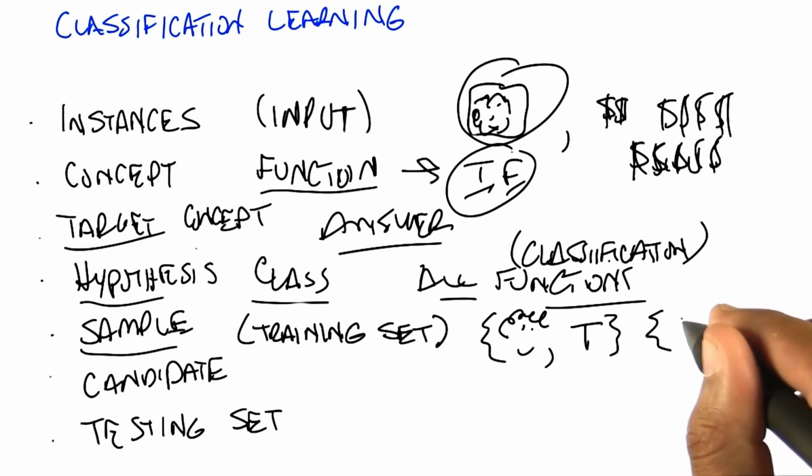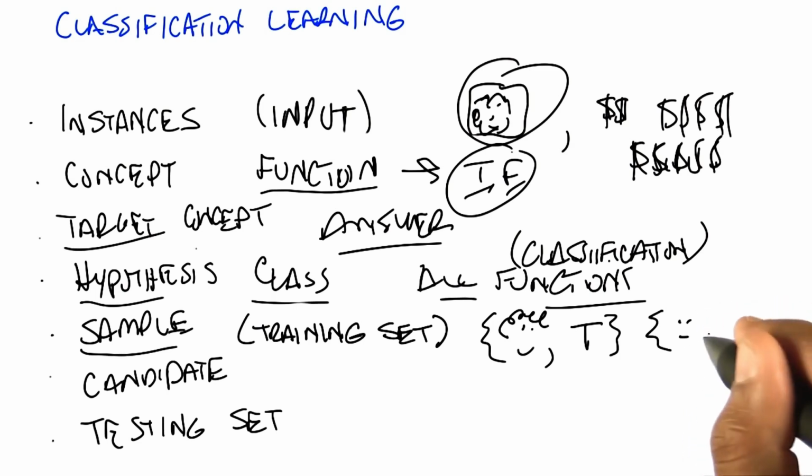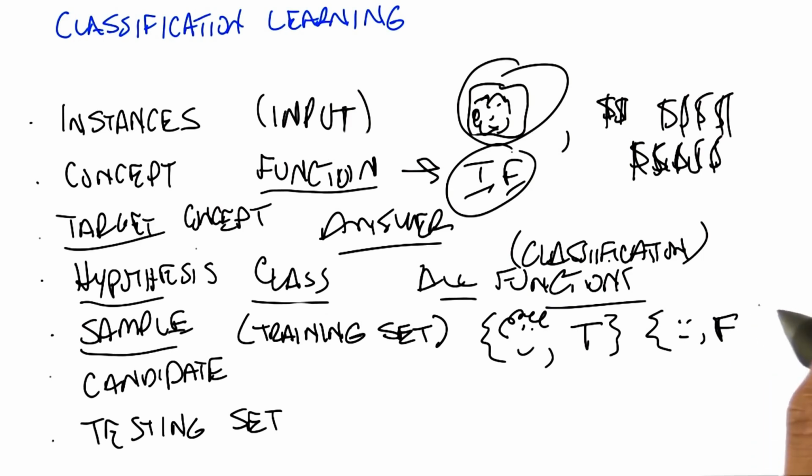Versus another example. You can tell I'm credit worthy based on my curly hair. Purely on the hair. Versus someone who has no curly hair and therefore is obviously not credit worthy. And if you give bunches of examples of input and output pairs, that's a training set. And that's what's going to be the basis for you figuring out what is the correct concept or function.